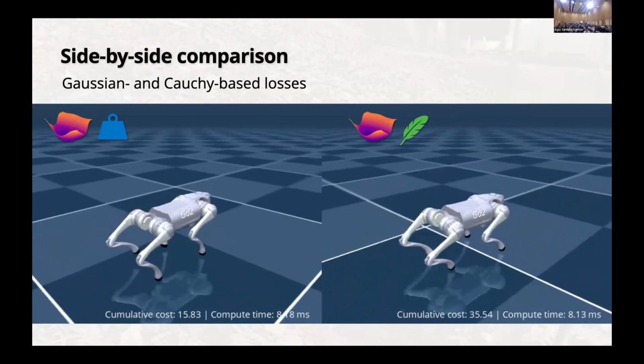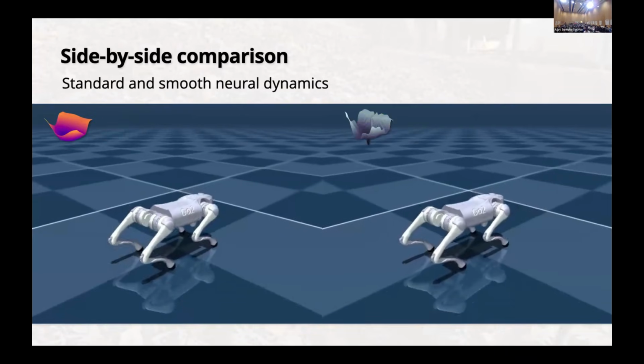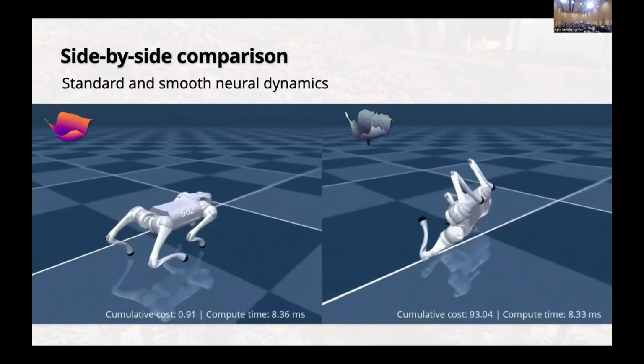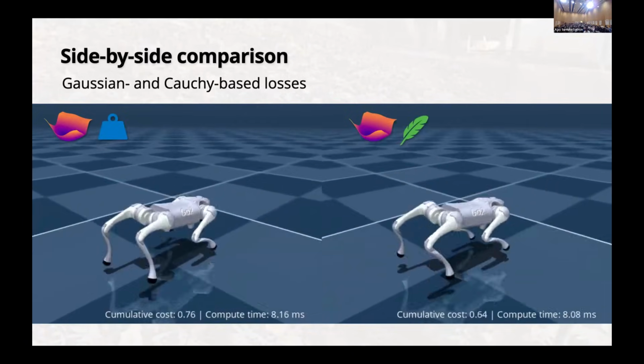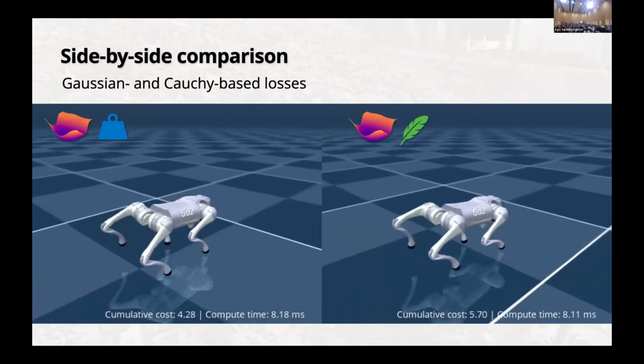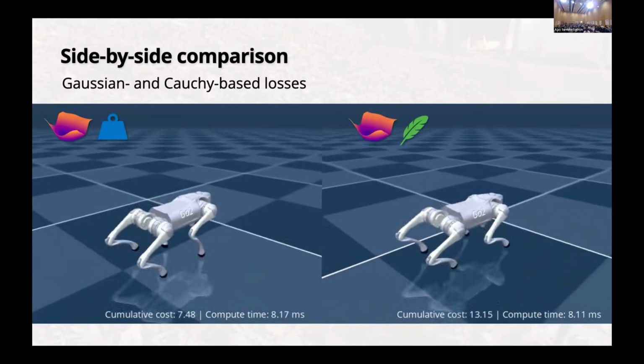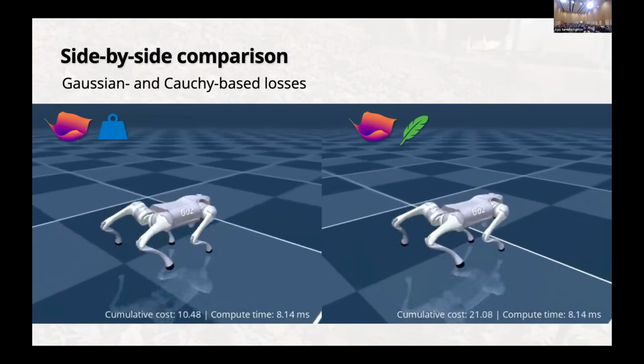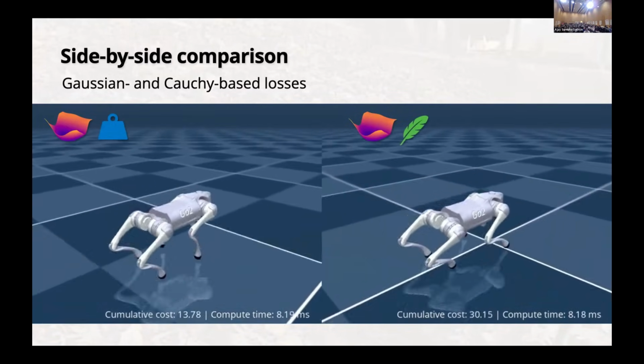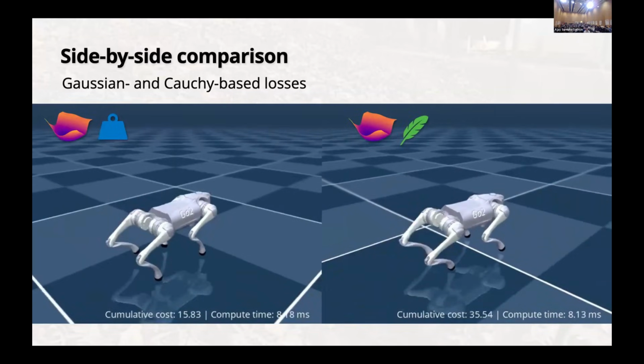And what the heavy-tailed loss functions do is enable precision. This is bounding ahead at 0.5 meters per second, and you can see the one trained with the heavy-tailed loss function is much more precise.